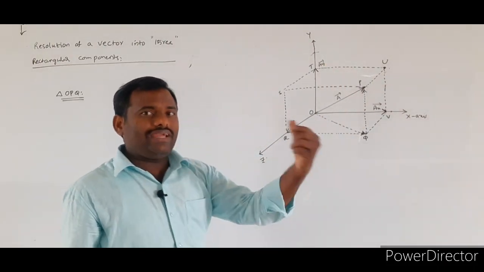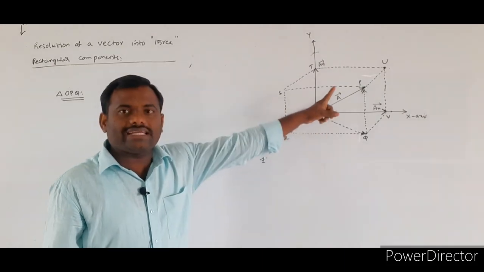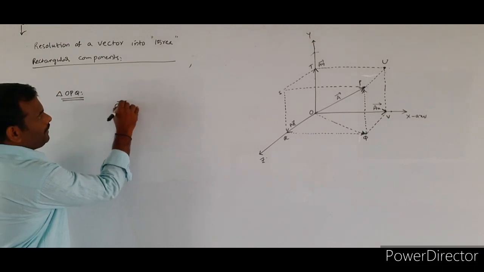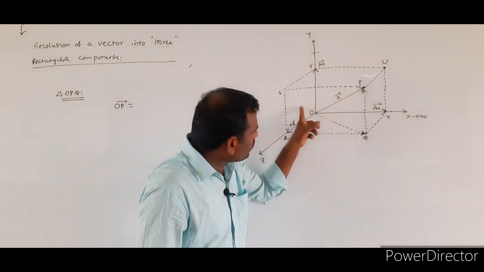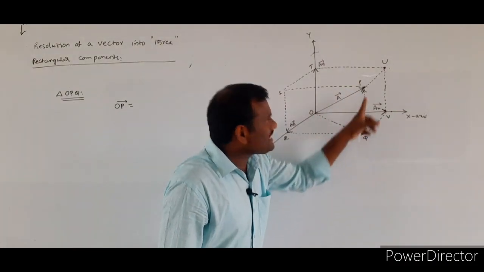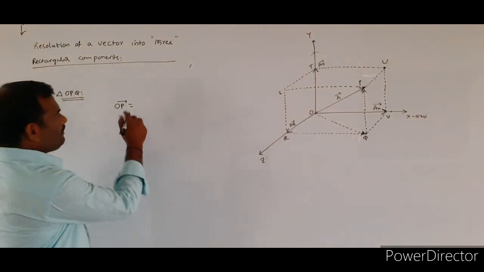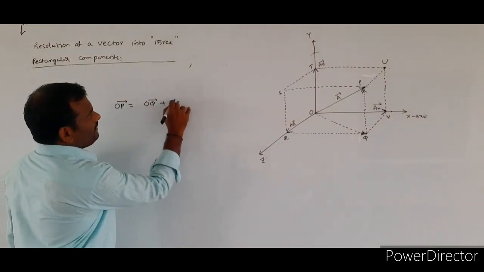So whatever we discussed about the triangle of vector addition, from that triangle I am writing the closing side OP bar is equal to OQ bar plus QP bar. This is simply written according to the triangle of vector addition.